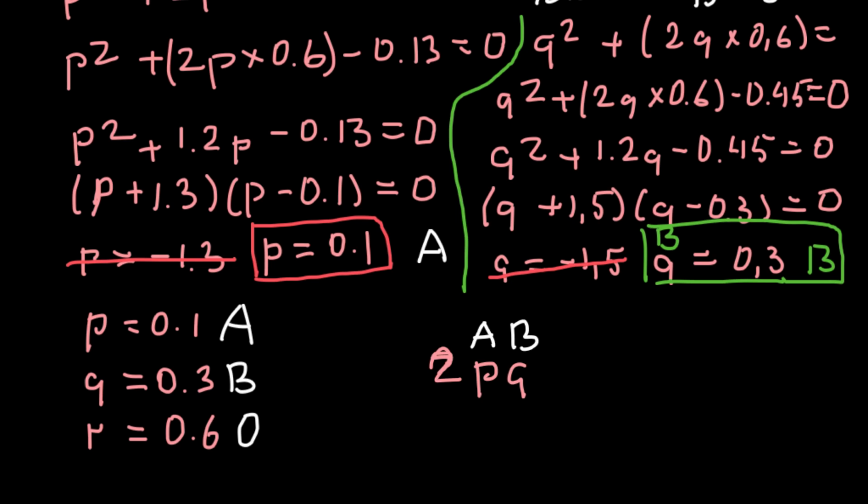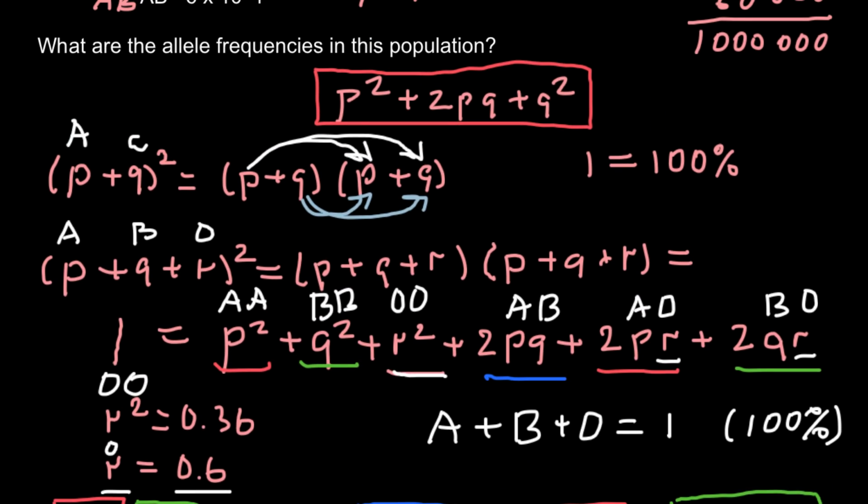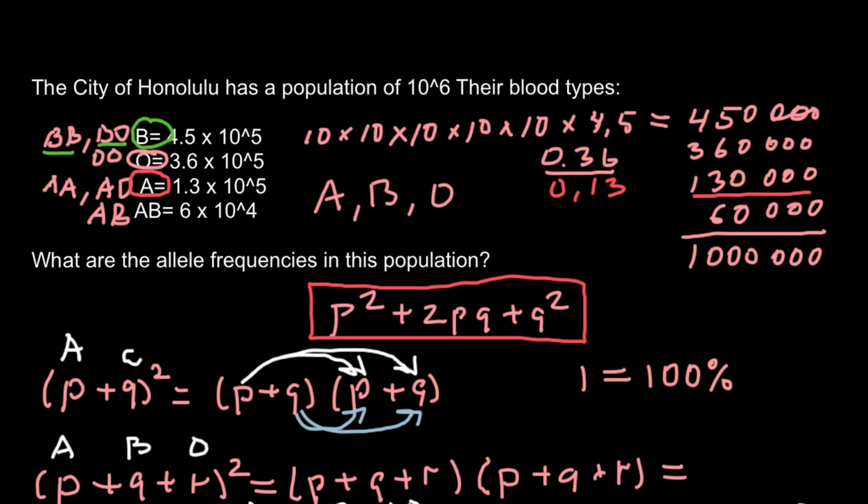So now we have to do simple calculations. So occurrence of this genotype we know from information given. So let me return here.